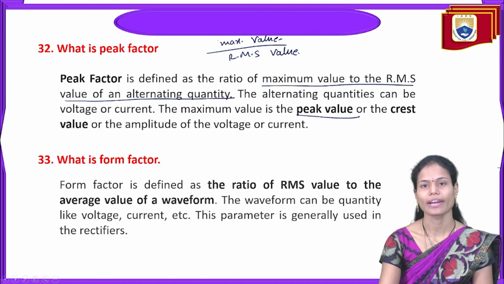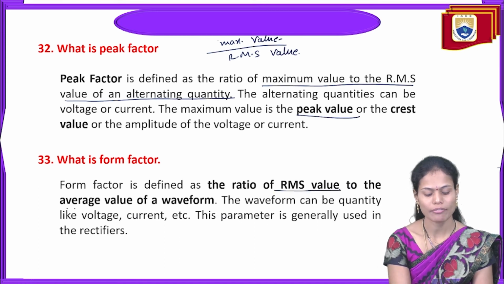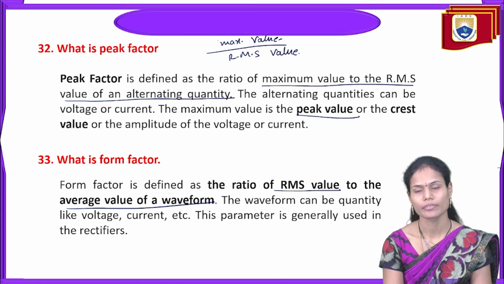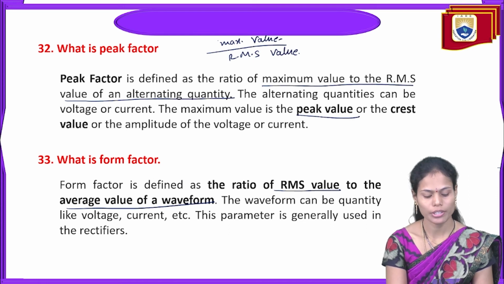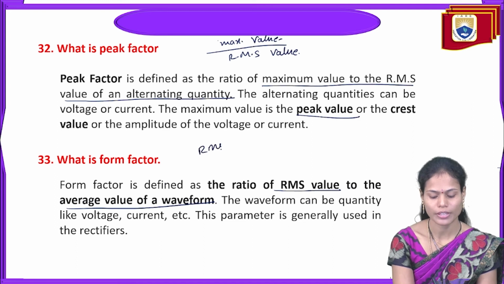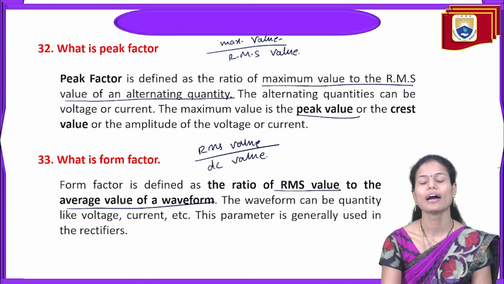What is a form factor? Form factor is the ratio of the RMS value to the average value of the waveform. The waveform can be either voltage or current. This parameter is generally utilized in the rectifier circuit. It is the RMS value to the average, that is the DC value.